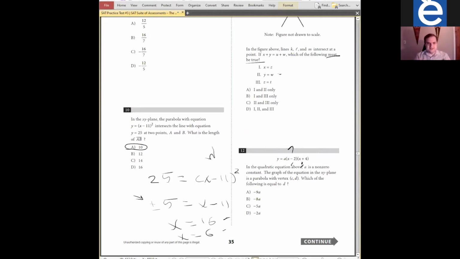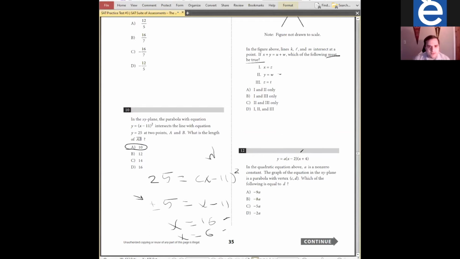The x-intercepts of a parabola, if you split them right down the middle, that's the vertex. Parabolas are symmetrical. So what are my x-intercepts? They are 2 and -4, because x is equal to 2 and x is equal to -4 are where they're 0, where they cross that line.